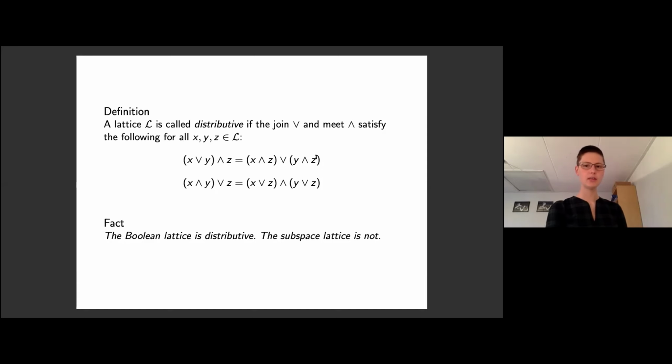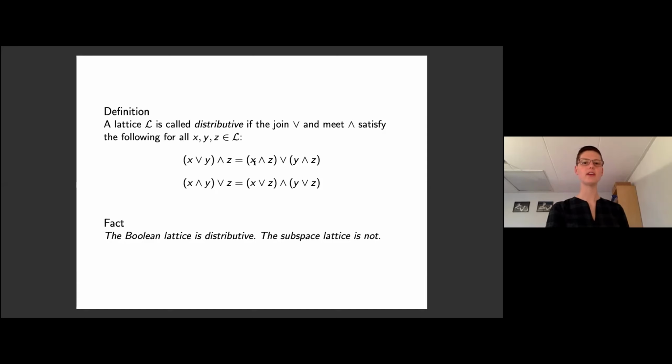And if we just stare at the first line, assume that x, y, and z are one-dimensional spaces, and z is in the span of x plus y. Then what do we have here? Well, x join y is x plus y. If I intersect that with z, I get back z, right? Because I assumed that z was in this span.